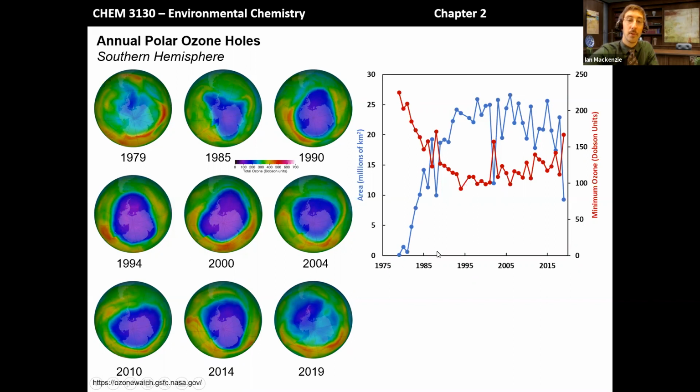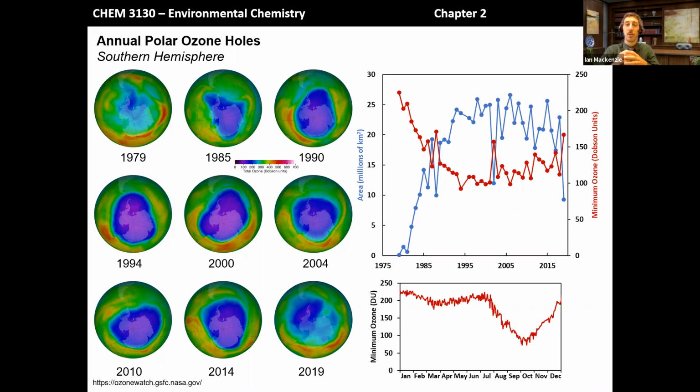You can also see in blue the square mileage, the area that's affected by the ozone hole. It also peaked somewhere in the 1990s and has maybe slowly been trending backwards since then. So we're heading somewhat in a positive direction. And as I mentioned, this is not something that occurs all year round. It occurs primarily in the early spring and into the summer of the Southern Hemisphere, which happens to be the months of October through about December.